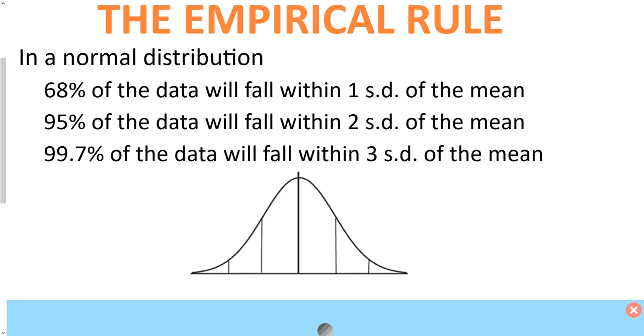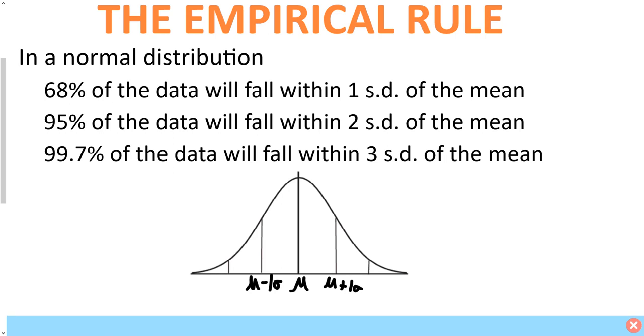So this is your normal distribution, your normal curve. And on a normal curve, we're going to say this is our mean, our mu. This is going to be 1 standard deviation away. This is going to be 1 standard deviation away or below to the left. All right. Now, this is going to be 2.